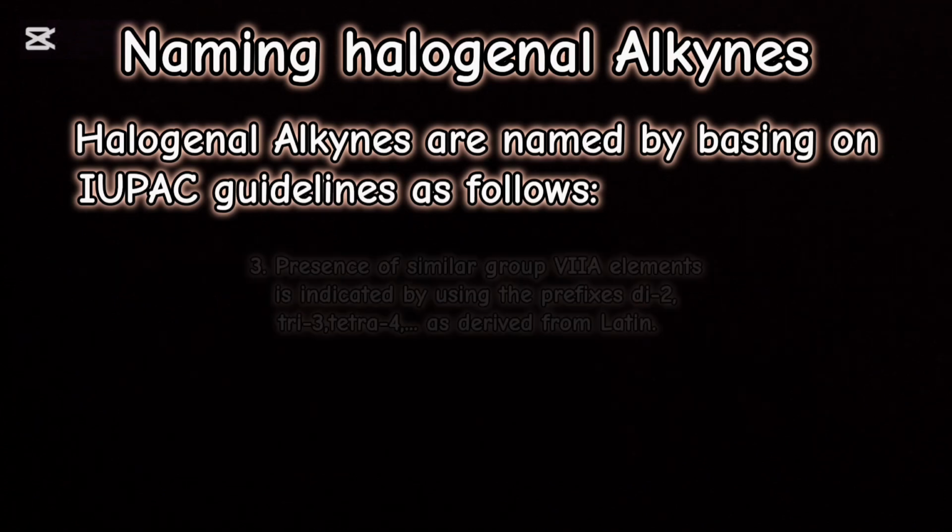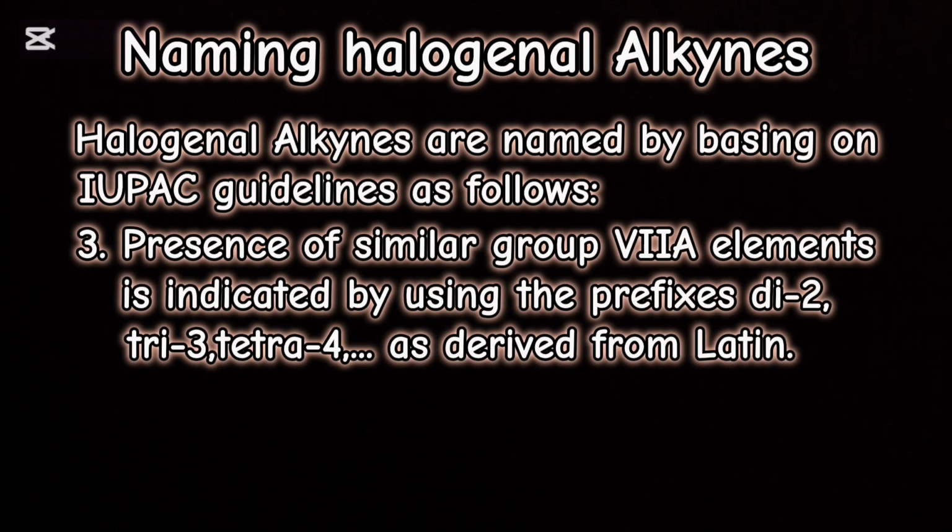Third guideline is that presence of similar group 7A elements on the carbon chain is indicated by using prefixes di for 2 similar group 7A elements, tri for 3 similar group 7A elements, tetra for 4 similar group 7A elements, and so on as derived from Latin.